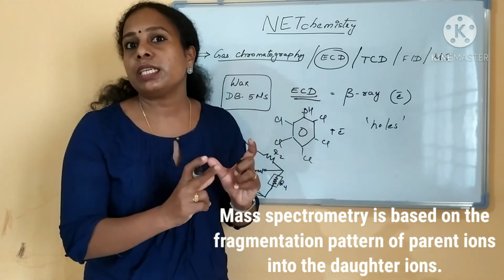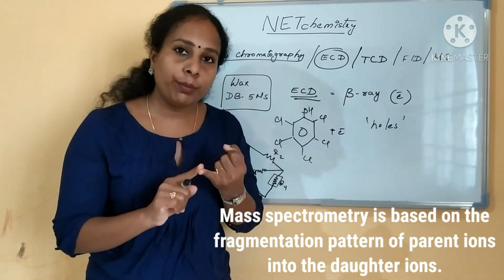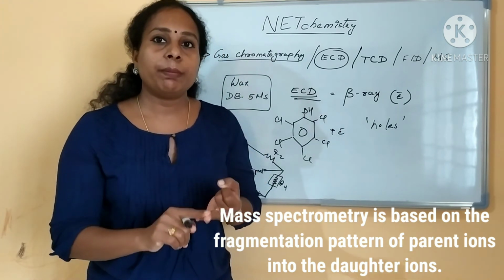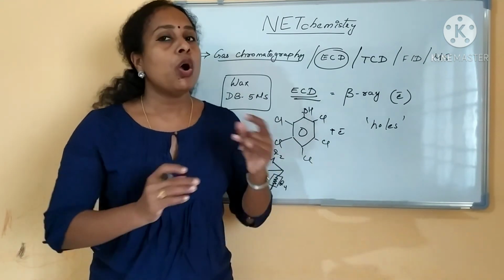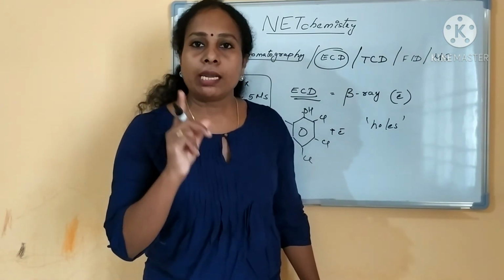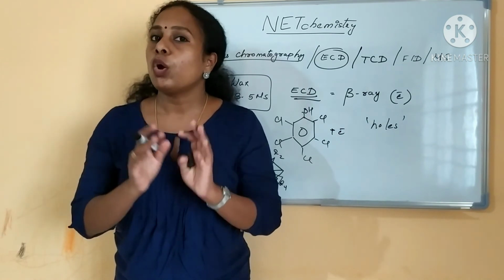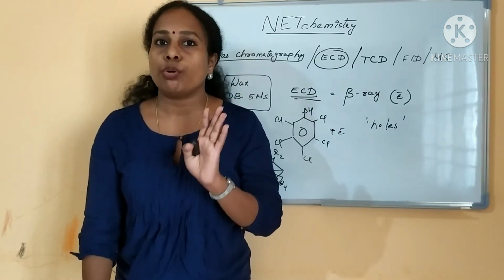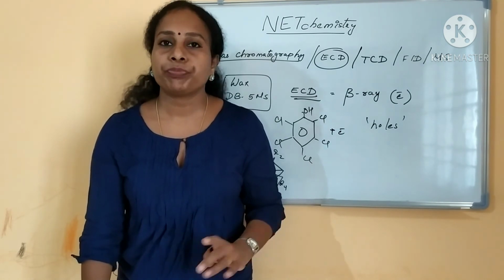Each mass spectrum is a qualitative property of that particular compound. Molecular ion peak, base peak, McLafferty rearrangement peak, M+1, M+2, all those peaks you get in the mass spectrum. Based on that mass spectrum data you find out the compounds present and their concentration. Okay, clear? This is GCMS.